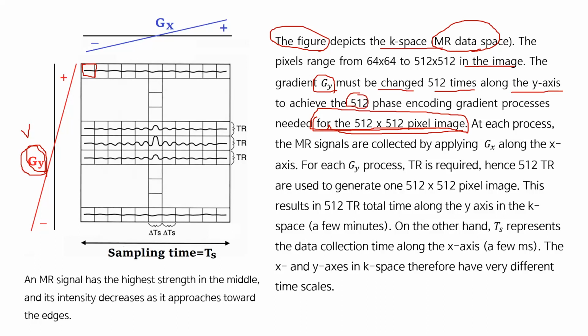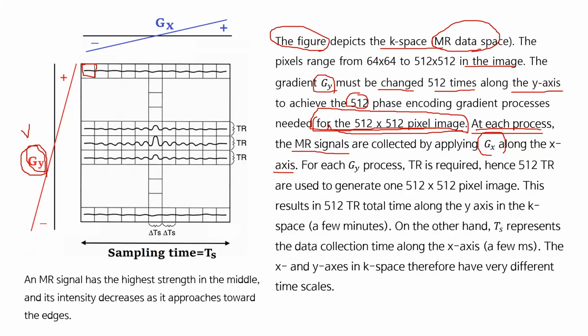Each time, the slope of the phase encoding gradient should be changed. In each process, the MR signals are collected by applying Gx along the x-axis.